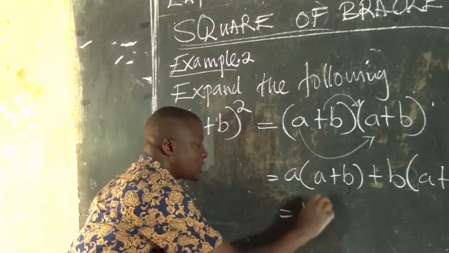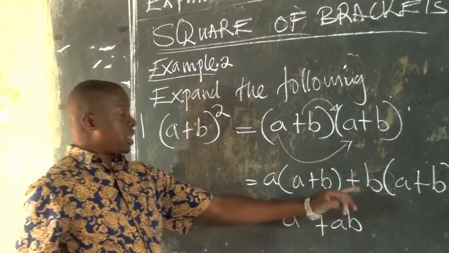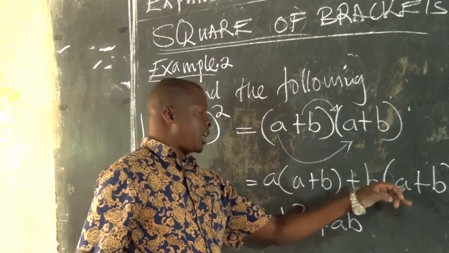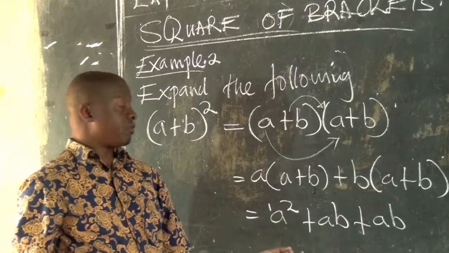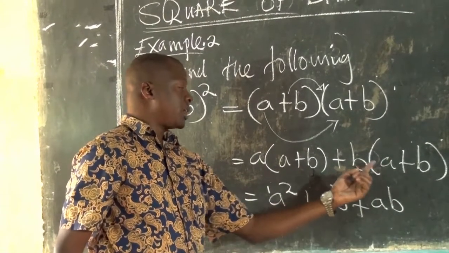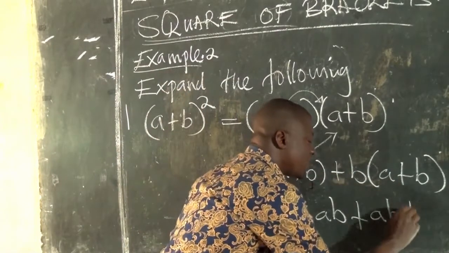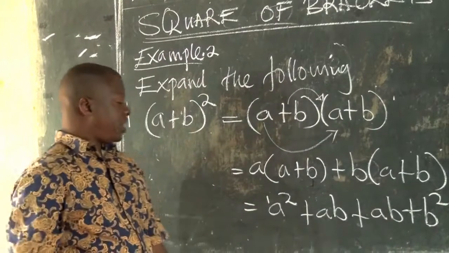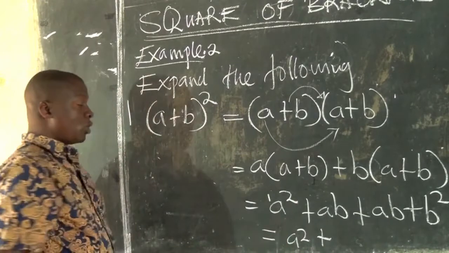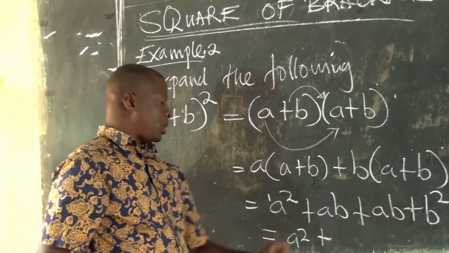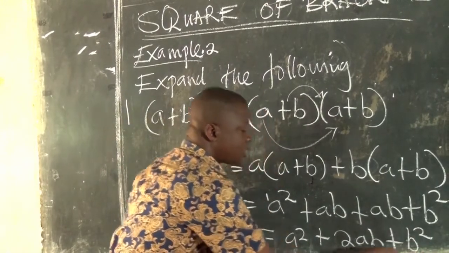This is a squared plus ab. Also here we have b times a, which gives ab. Remember, multiplication is commutative. ab is the same as ba. Let us look at b times b. It will give us b squared. Finally, our answer is a squared plus ab plus ab, which is a squared plus 2ab plus b squared.